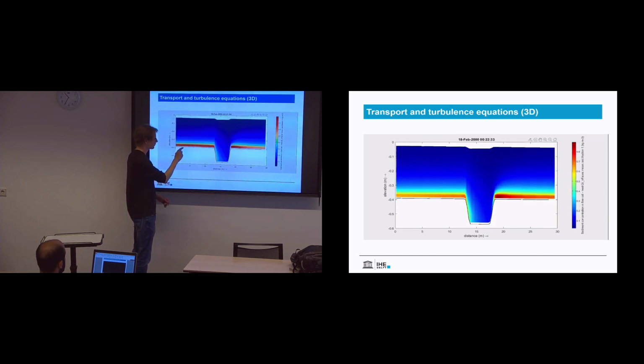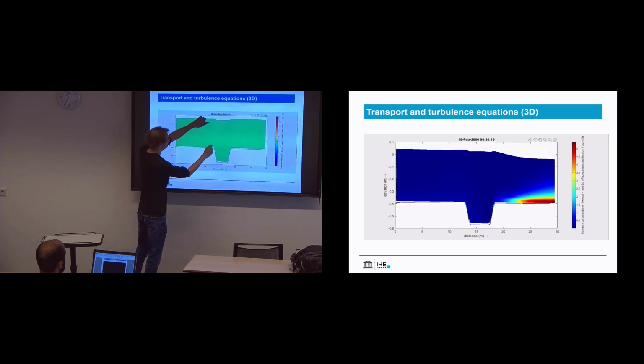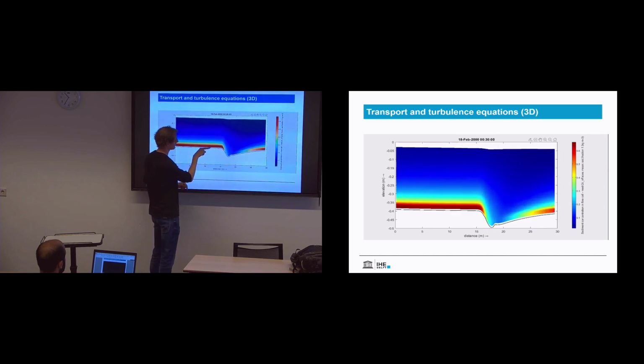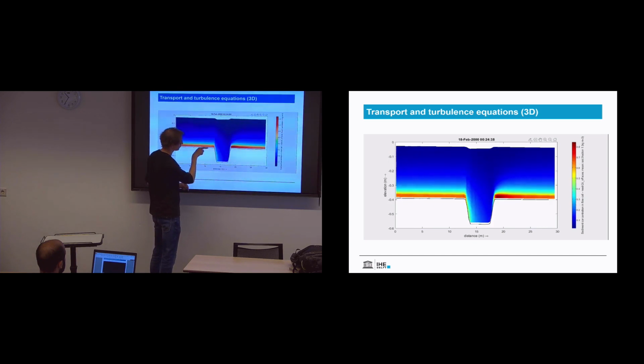We also have bed load transport, which is not represented in this animation. But we have suspended transport in the water column going in that direction. So what we see is that this trench gets filled in from this side, and you also have recirculation, which scours out this side, which makes the trench move nicely in that direction.